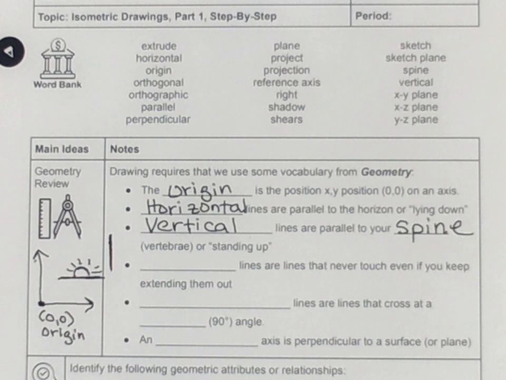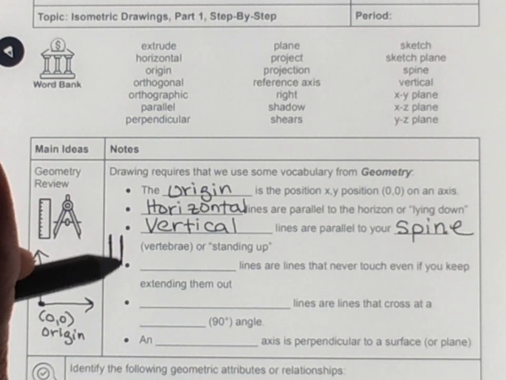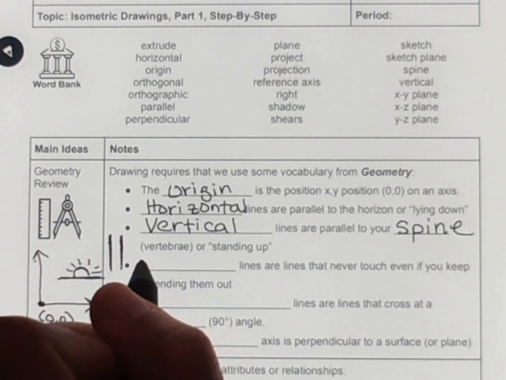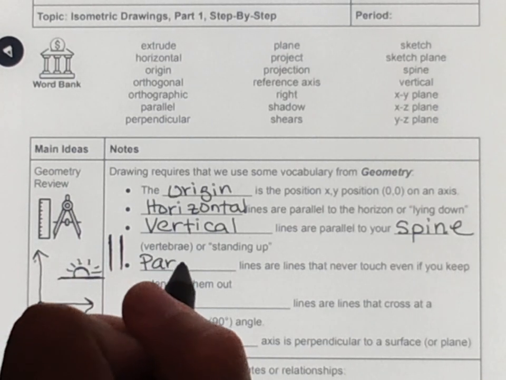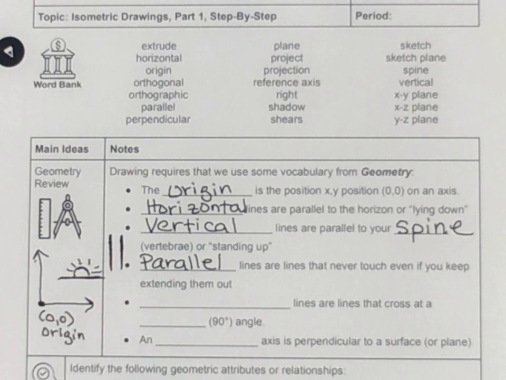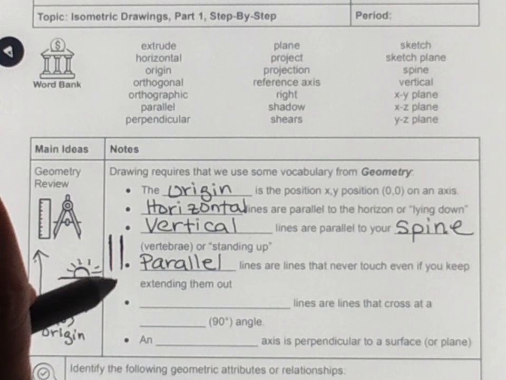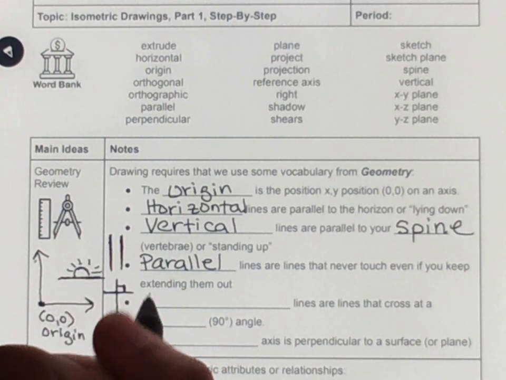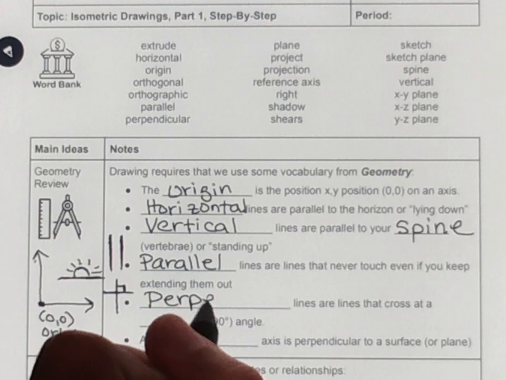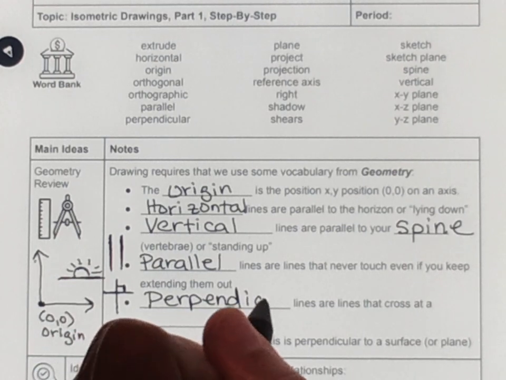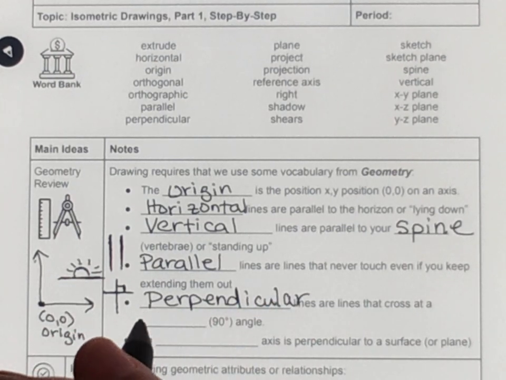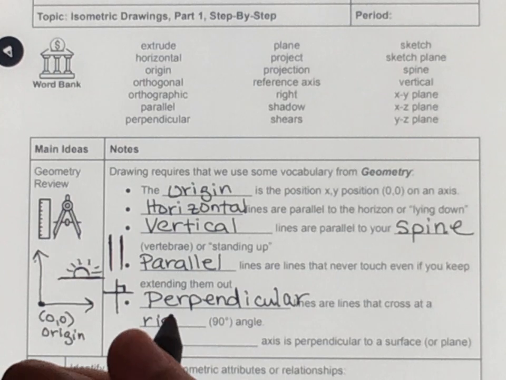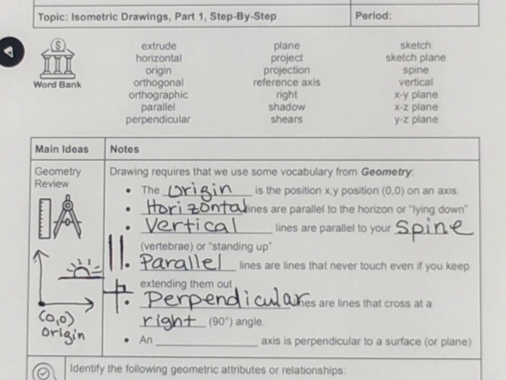When we start to draw multiple lines, we might notice that two lines that never touch, like these two, are called parallel. Whereas two lines that intersect at a right angle is called perpendicular. And that right angle is a 90-degree angle.